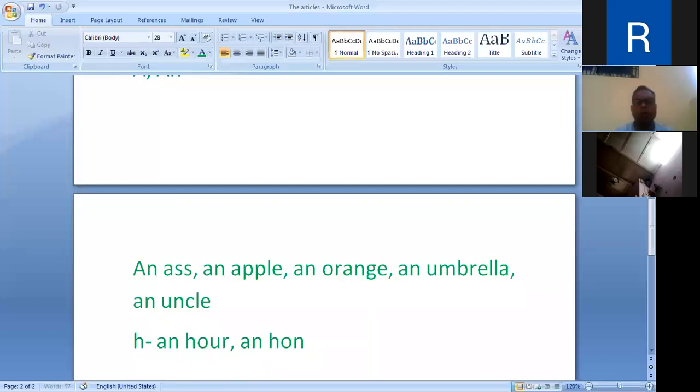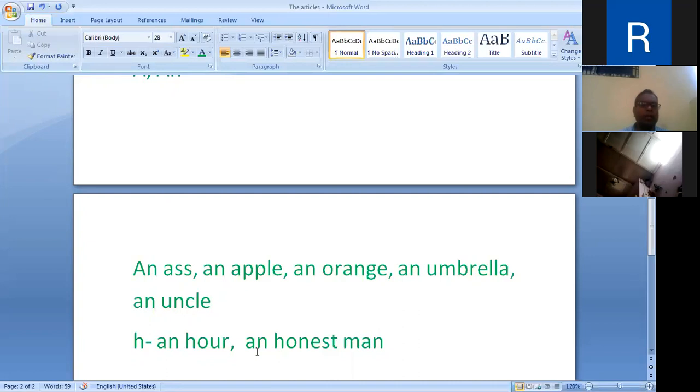An honest man. Here this word begins with H, but its sound is a vowel sound. So before that an is used. The word begins with a consonant, but its initial sound is like a vowel.